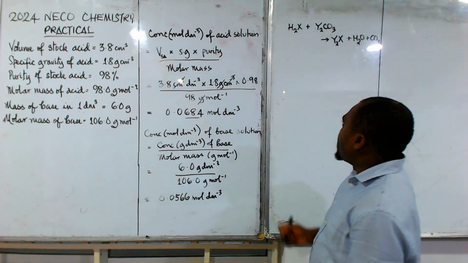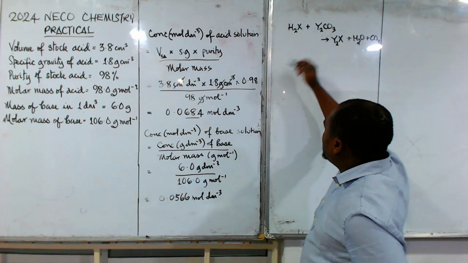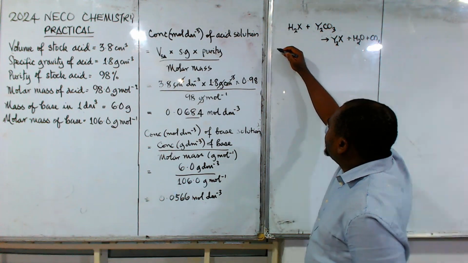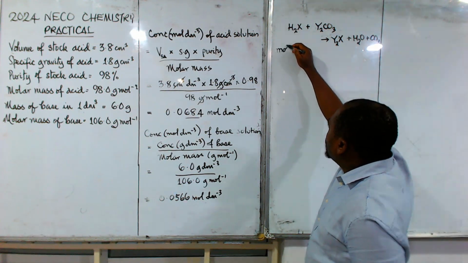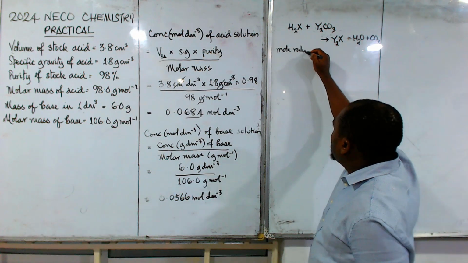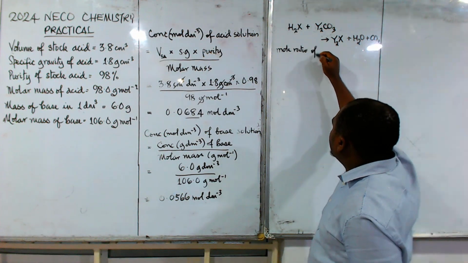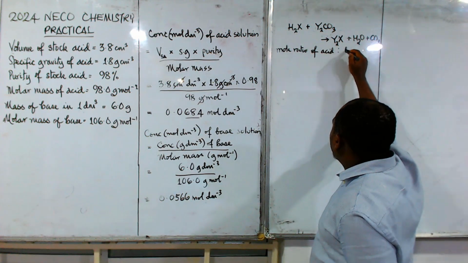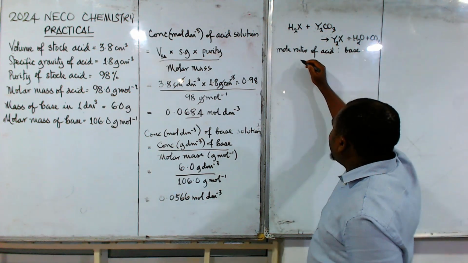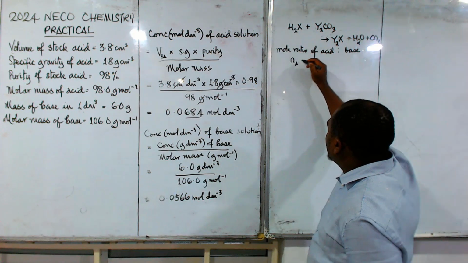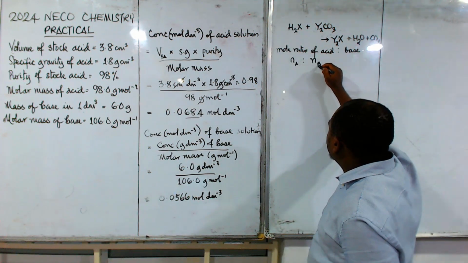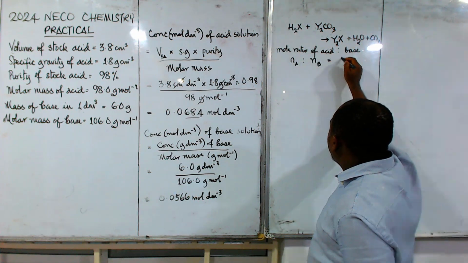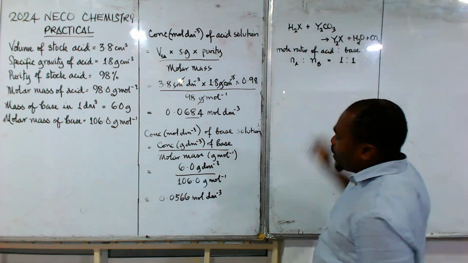So from here, the mole ratio of acid to base, that's Na to Nb, is what? 1:1.